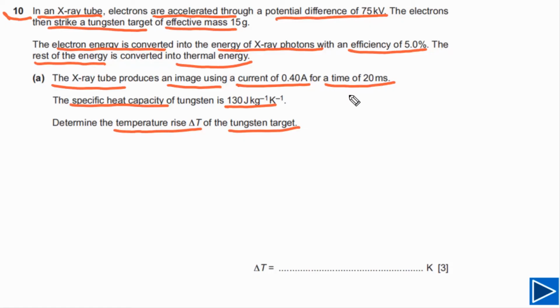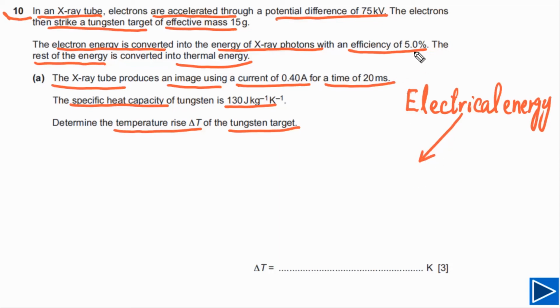So in this case, the first thing we need to understand is that electrical energy means the energy supplied. So we can simply write down electrical energy. This has been converted into X-ray photons, and the efficiency of that is 5%.